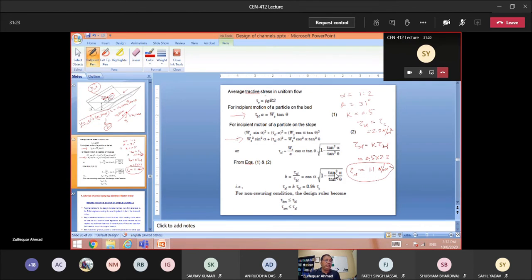But you see, tau BL is also taken as about 80 to 90% of tau C, so that you have to understand. If you have any question, please let me know. Then I will proceed to some steps in the design. How do you approach this problem?